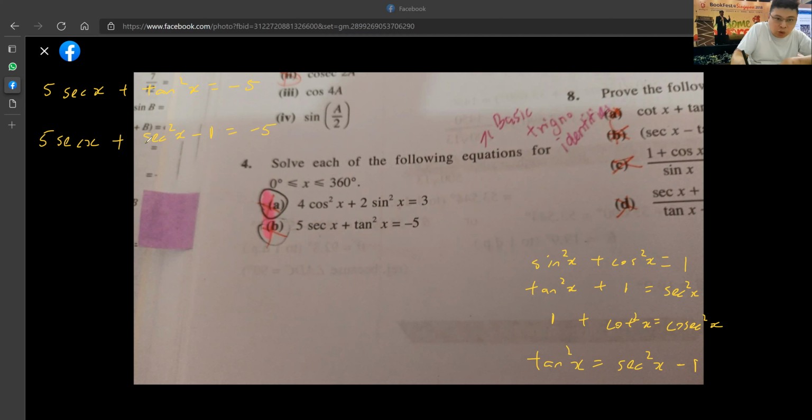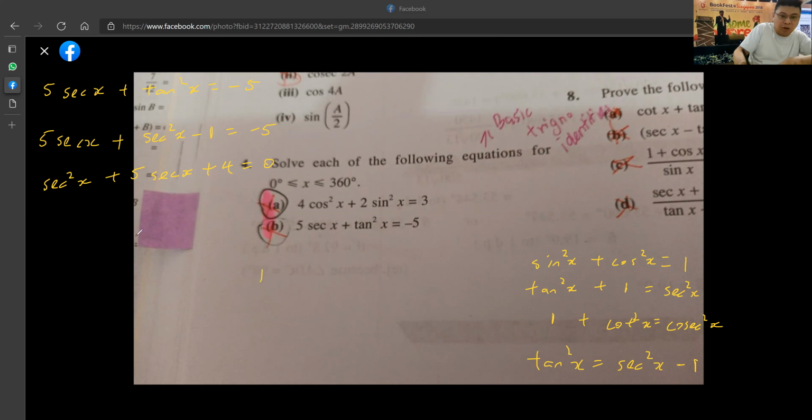Okay, this whole chunk is your tangent square x. And you can rearrange. You have secant square x plus 5 secant x plus 4 equal to 0. Minus 5 I bring over is plus 5. 5 minus 1 is 4. So I have secant square x plus 5 secant x plus 4 equal to 0.